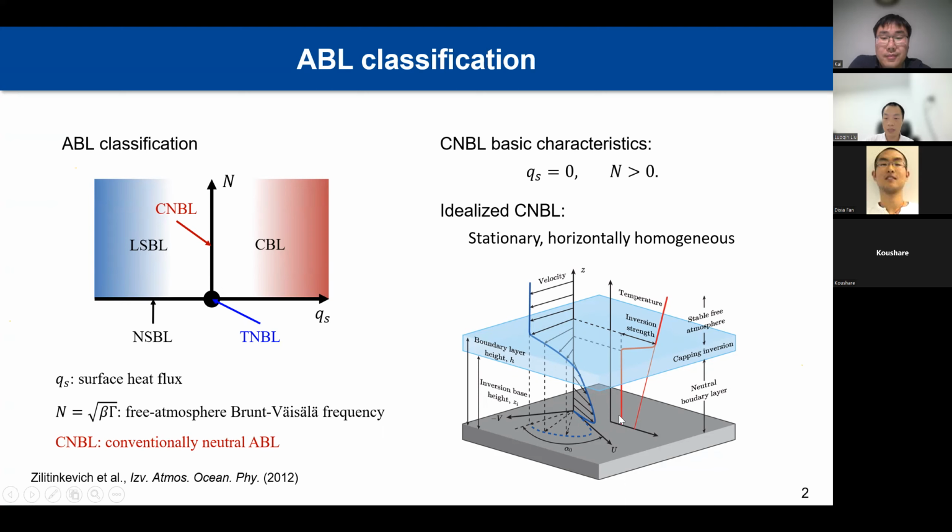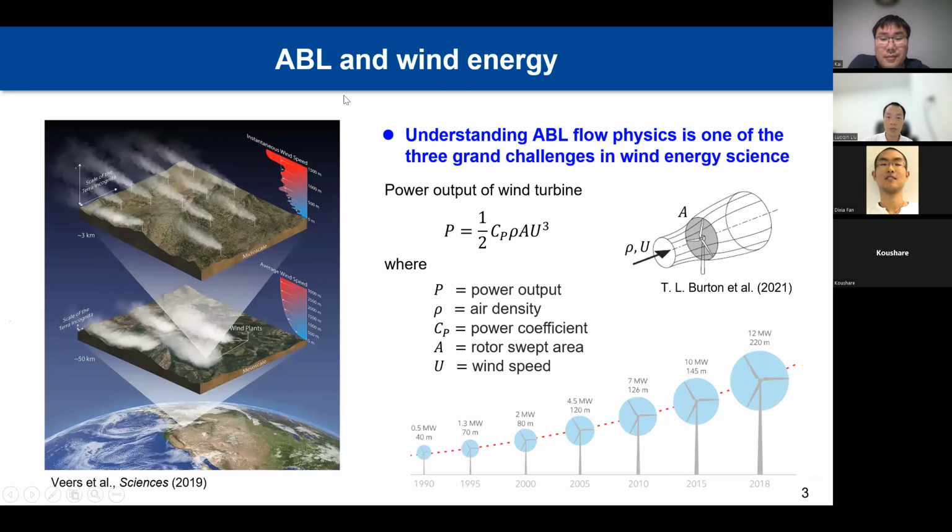And here is a sketch of the ABL vertical structure. We want to model the wind profile, especially the wind speed profile and the wind angle profile. This is because these two variables are very crucial in wind energy applications. So why is the ABL flow so important in wind energy?